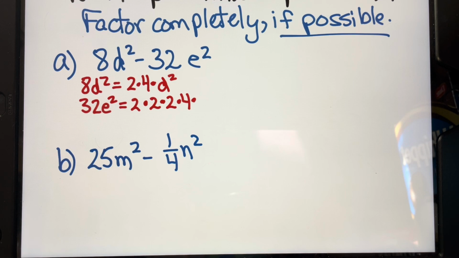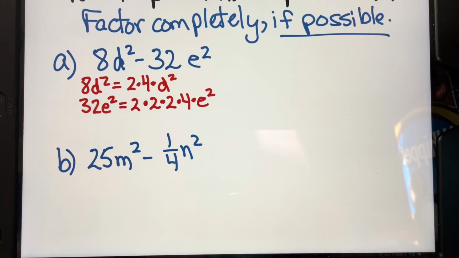And then, of course, there's times the e squared, which I know is not in common. And I could have broken the 4 down into 2 times 2, but because I see already it's in common, I didn't go that far.